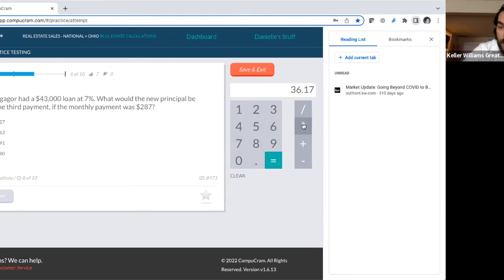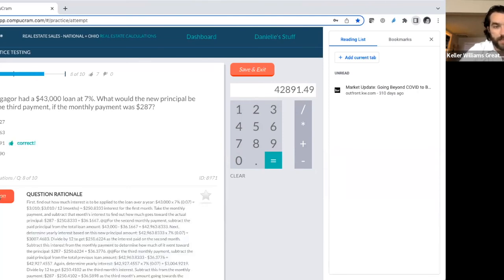We multiply that by 3 because we need 3 months, and we get 108.51. Then we take our principal of $43,000 and subtract the 108.51 that comes out after 3 months of payment. 42,891 rounds down.